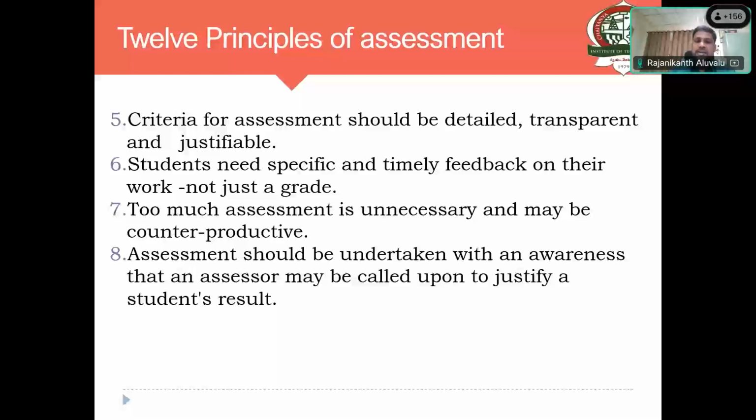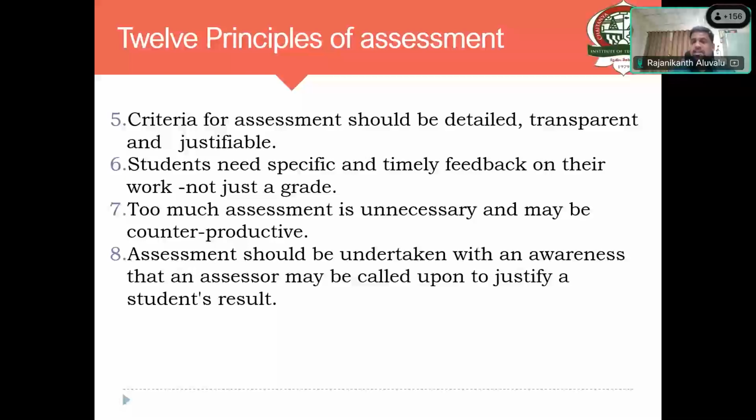And the next important principle is too much assessment is unnecessary and may be counterproductive as well. So here I always say, the student is coming to learn, not always to get assessed. So most of the time, the activity should be of learning.